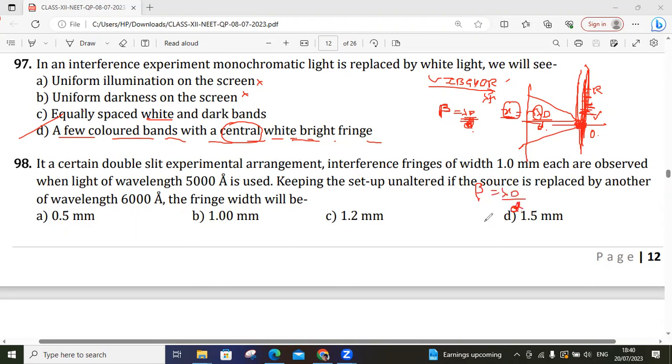So the wavelength is altered, and the fringe width changes. Beta by 1 mm is equal to 6000 angstrom by 5000 angstrom, so 6 by 5 into 1, that is 1.2 mm. So it is option C. 98 is C.